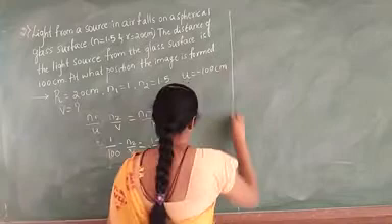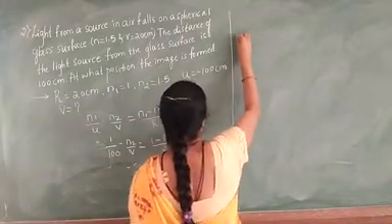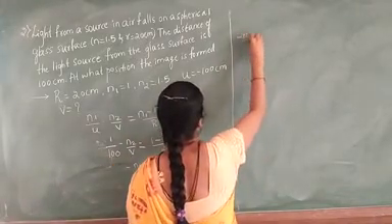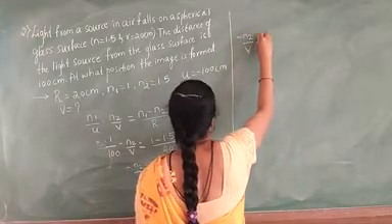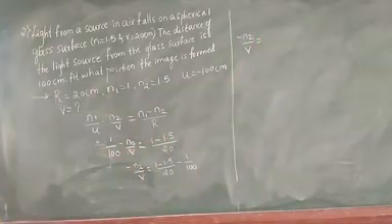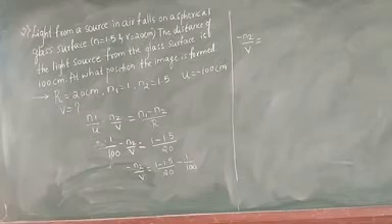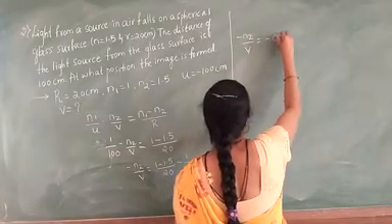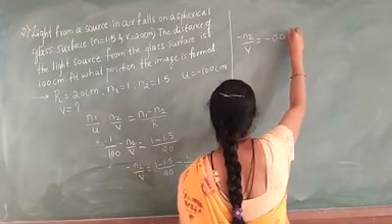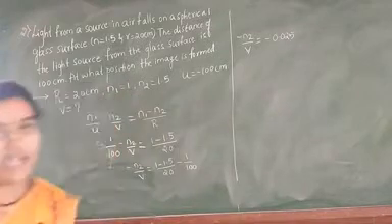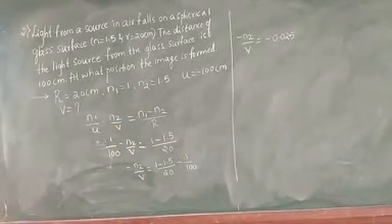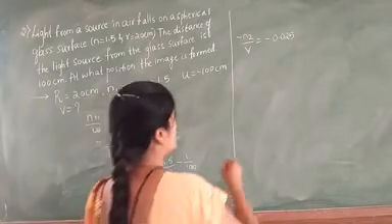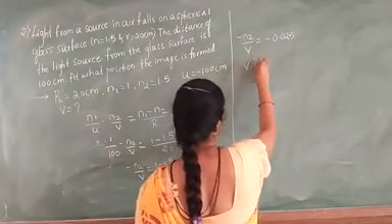Now we are doing the calculation part. We are getting the answer as minus 0.025. Therefore here we are getting V is equal to plus 100 centimeter.